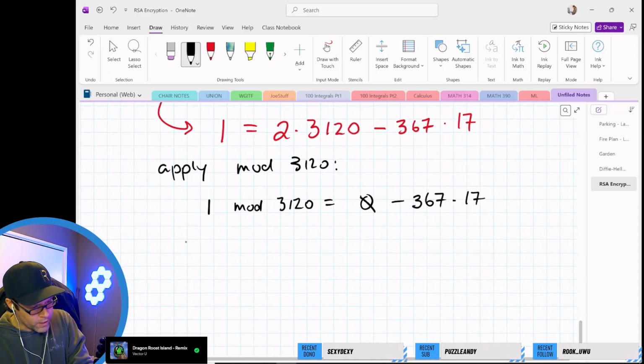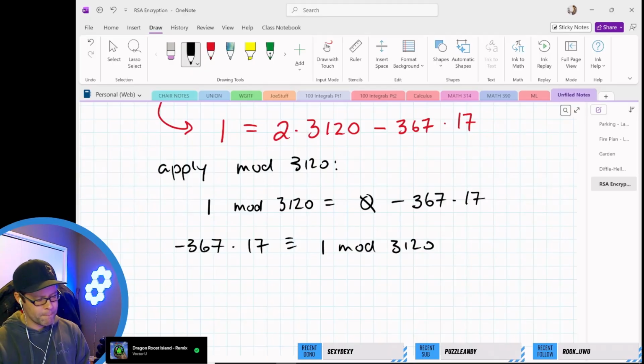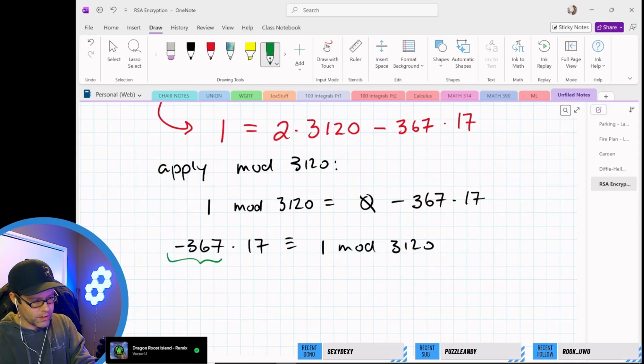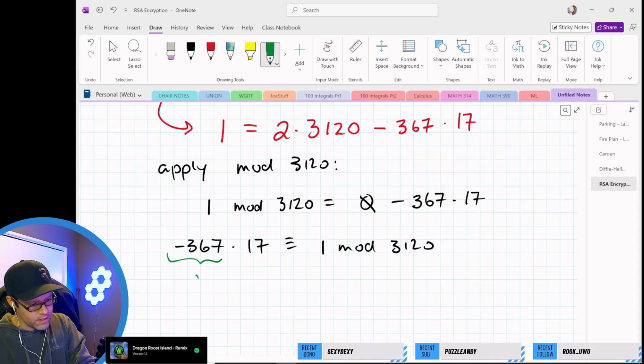So in other words, we know that negative 367 times 17 is congruent to 1 mod 3120. So this is the inverse that we want. It's just not in a form that's super helpful for us. We would probably prefer the smallest positive congruence class. But this is the D that we're looking for.